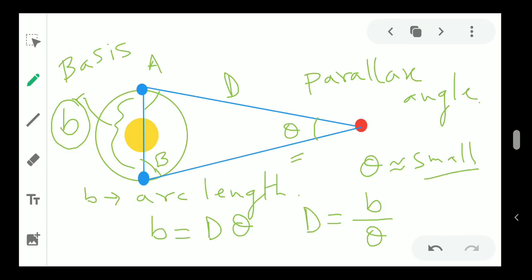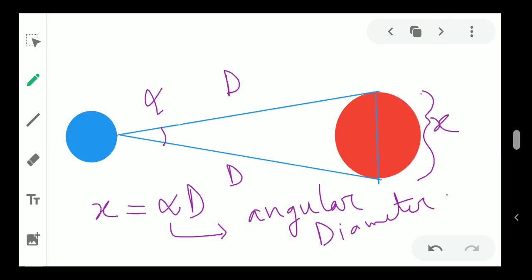So from the first method we find the distance of the star, and from the second method we find the diameter of the star.